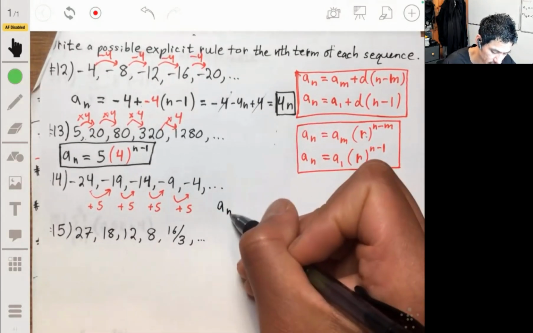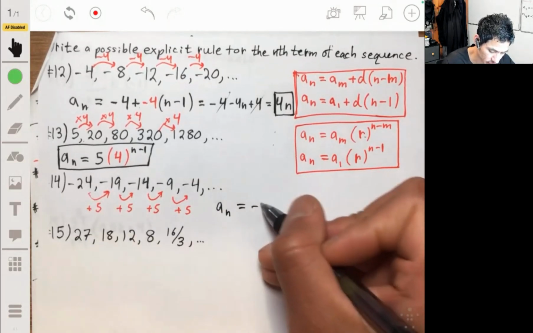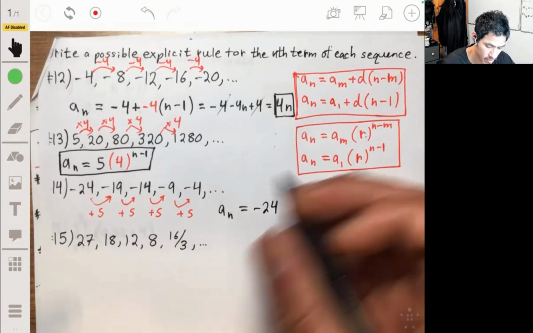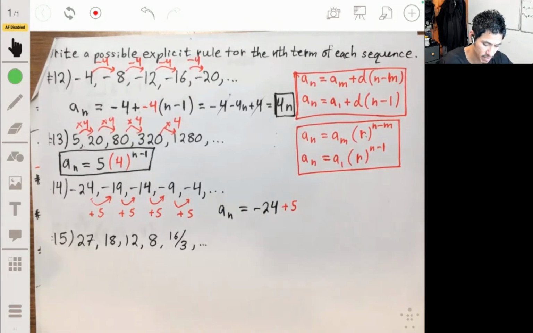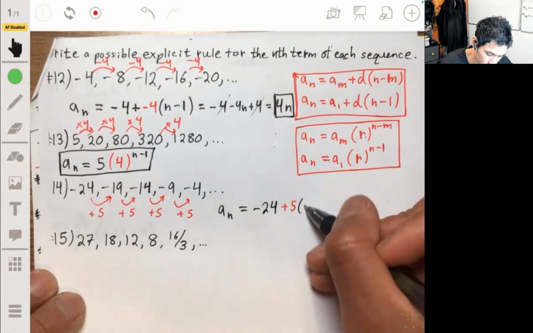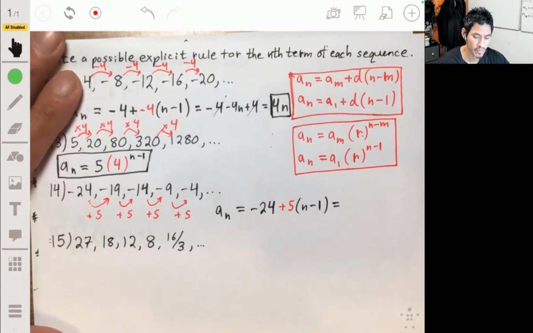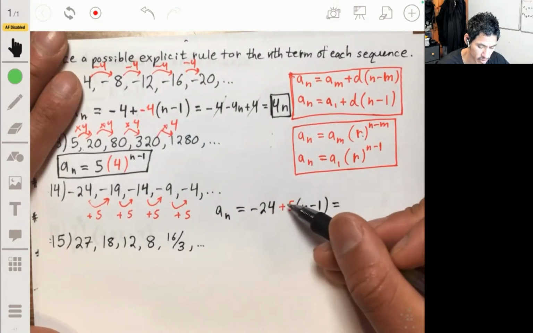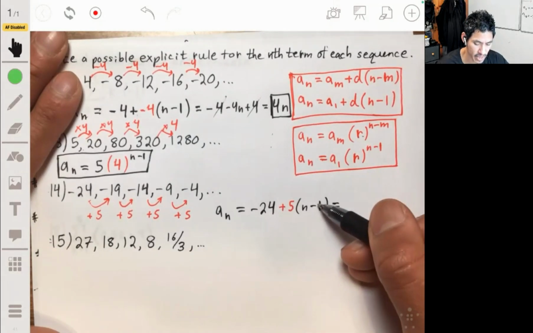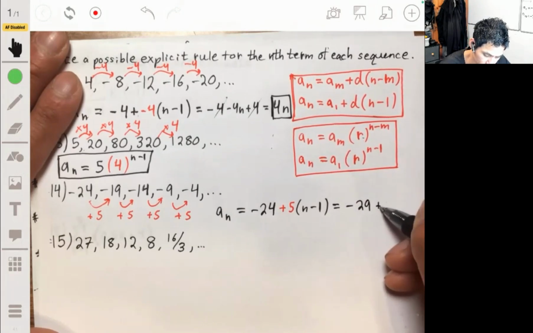So we can say the nth term, a_n, is equal to the first term, which is -24, plus 5 times n minus 1. Simplifying this, we get -24 plus 5n minus 5, which is just -29 plus 5n.